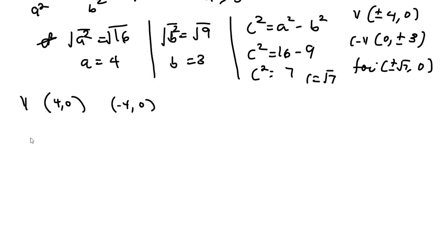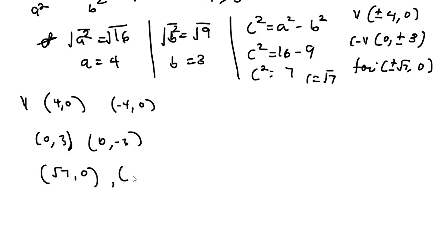Then the co-vertices are 0, 3 and 0, negative 3. Then the last one, the foci, are root 7, 0 and negative root 7, 0.